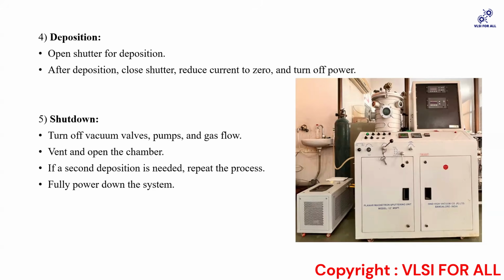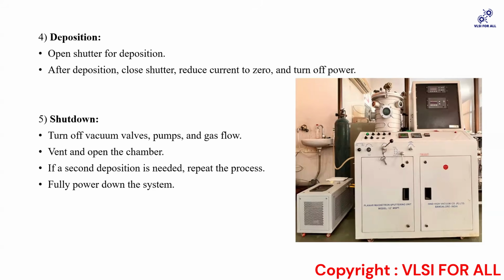Then when argon gas reacts with the target material, it creates the plasma. After the plasma is created, the positive and negative ions of the target material get deposited on the substrate material.